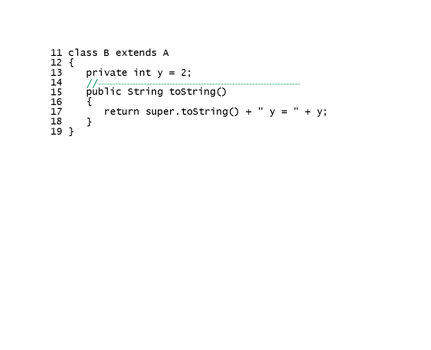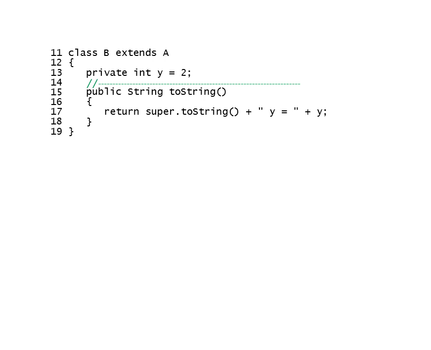Now, we also have on line 17 this sort of weird looking thing, super.toString. So what's that all about? Well, you recall from the previous slide that the A class has its own special toString method, and that toString method is going to return X equals whatever X equals in string form.